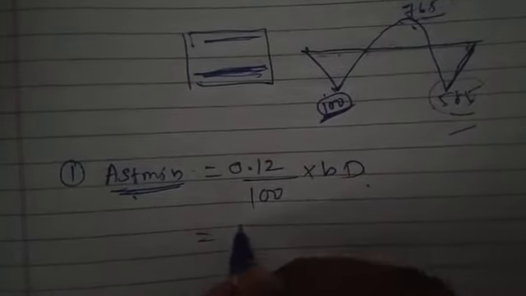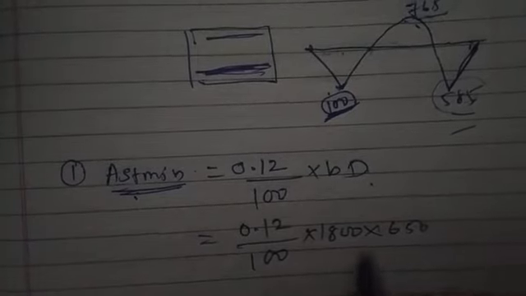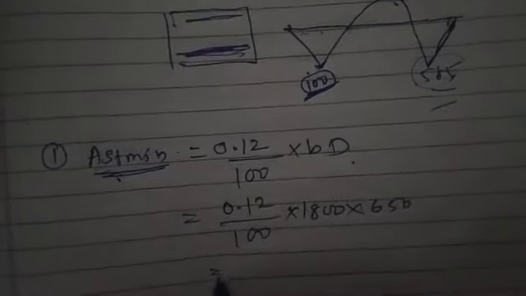Here it is capital D, so it will be overall depth. So first of all we'll calculate the AST minimum. 0.12 divided by 100, B is 1800 and D is 650, I think.